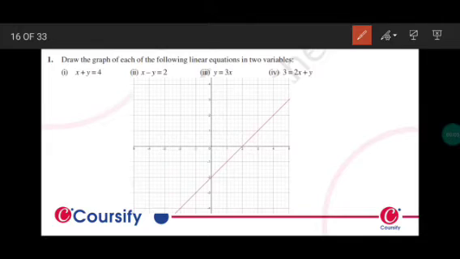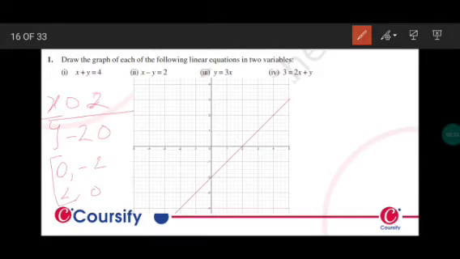Next part, x minus y is equal to 2. So values of x and y can be, if x is equal to 0, y will be minus 2, and if y is equal to 0, x will become 2. So we get two coordinates to form a line, that is 0 comma minus 2 and 2 comma 0.